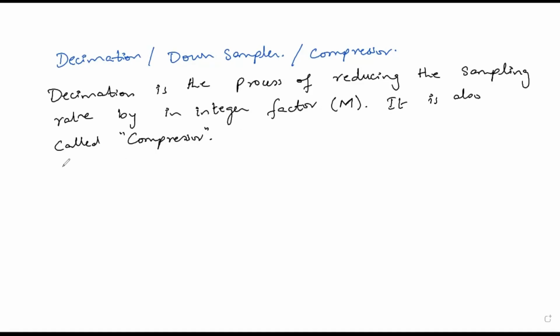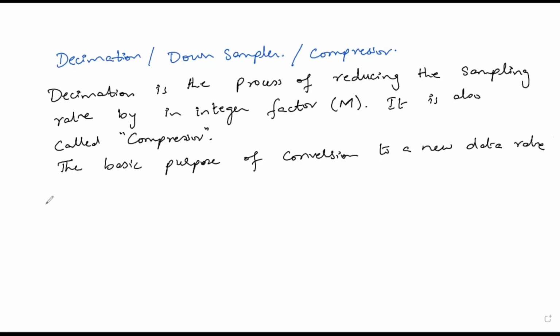Now the basic purpose of conversion to a new data rate is to make the processing easier, because unless it is tuned accordingly to that frequency, you are not able to go for the processing. You are not going to enter that system that is going to process that data.